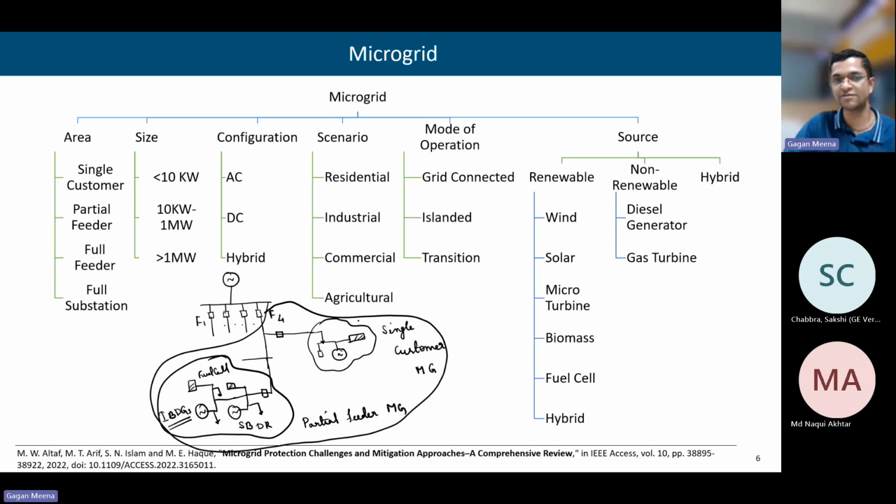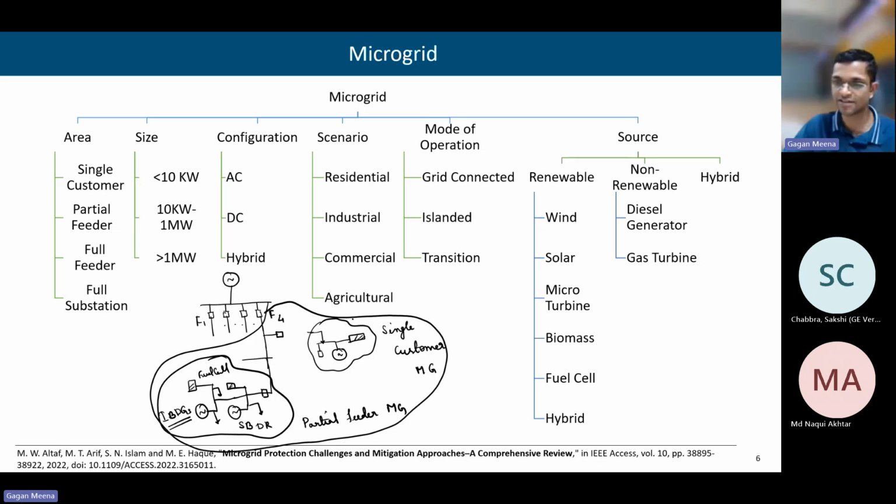And what's the advantage of that? If there is a fault here in this lateral, then only this single customer is out. This will not be connected to the feeder. But still, because this single customer is also a microgrid, there are certain resources. Solar PV is there, energy storage is there.